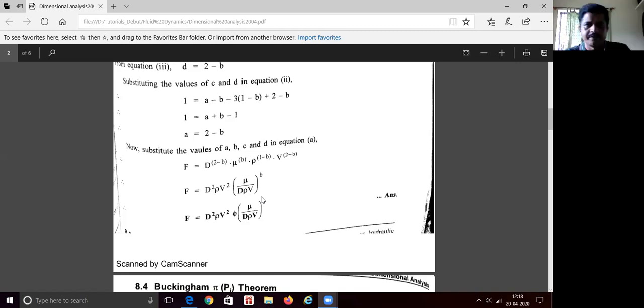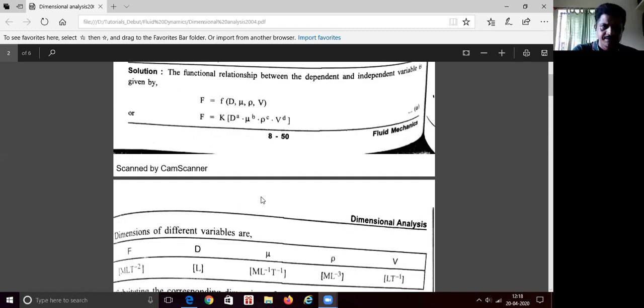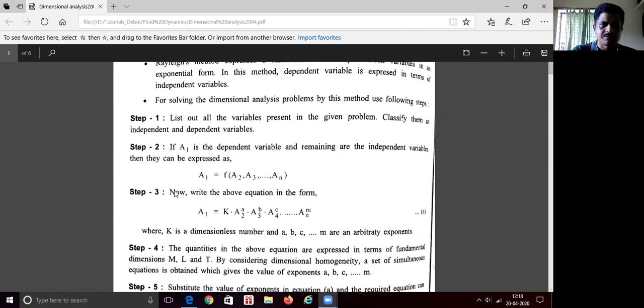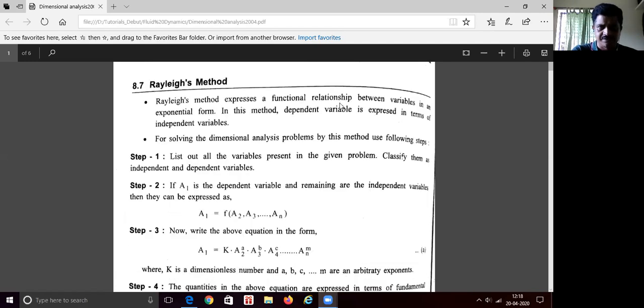Now let us go back to Rayleigh's method here. So what are the steps? Step 1, step 2, step 3 you can write. Rayleigh's method expresses a functional relationship between variables in an exponential form. In this method, the dependent variable is expressed in terms of independent variables. Now you can understand that statement. In step 1, we have classified what is the dependent and independent variable.